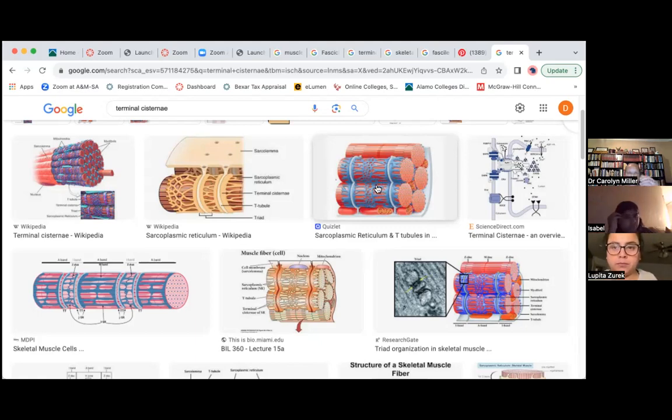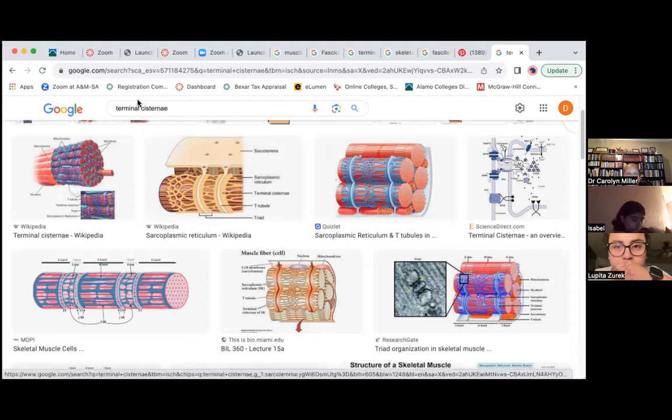Well, if that muscle is in a state of contraction, the calcium is where? It's in the cytosol. It has been released from the sarcoplasmic reticulum, the terminal cisterns. So just remember, if the muscle is contracted, the calcium has been released and it's in the cytosol. If the muscle is not contracted, the calcium is stored in the sarcoplasmic reticulum or the terminal cisterns.